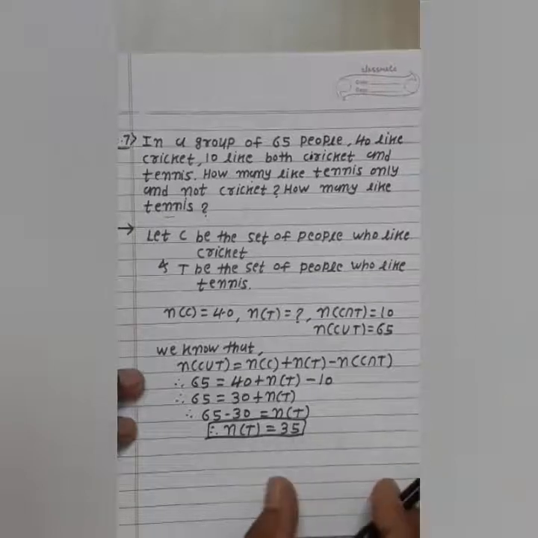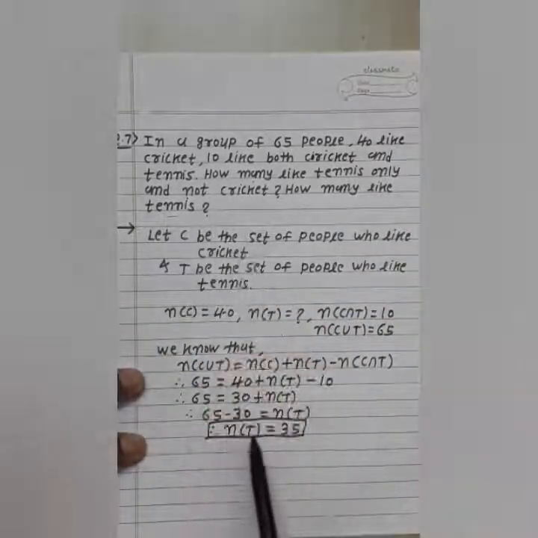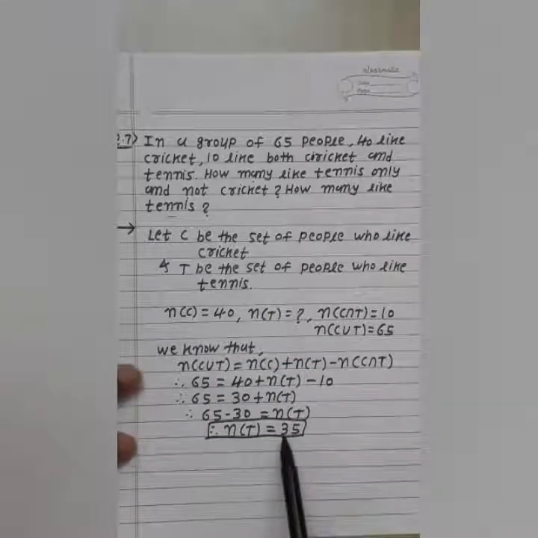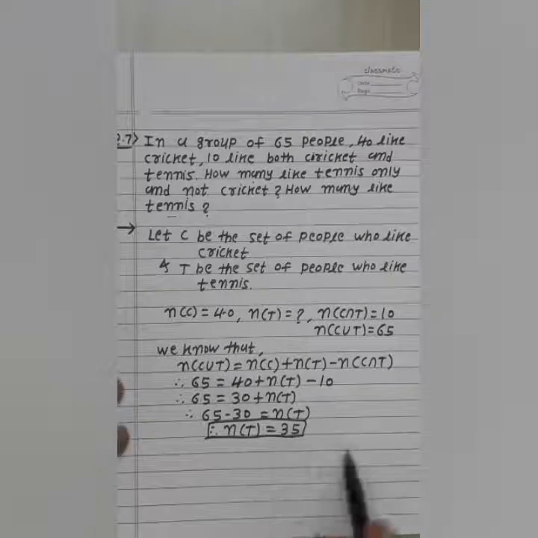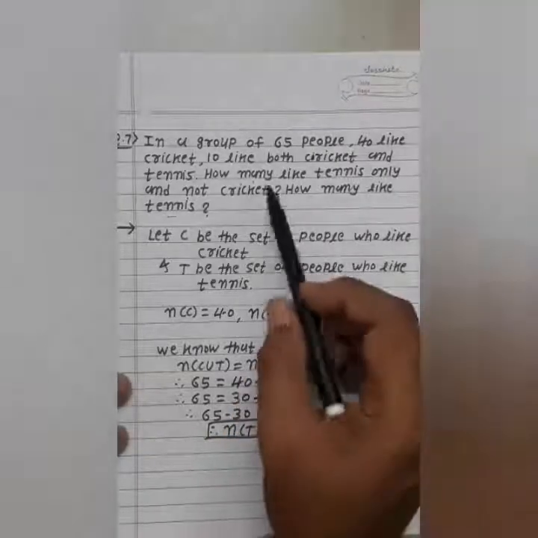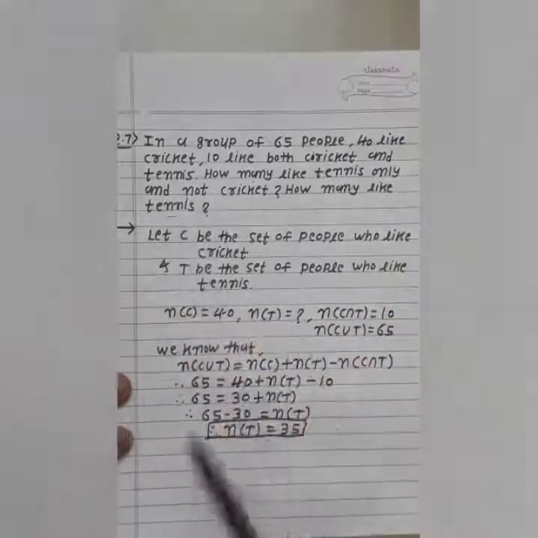So here one question is over. How many like tennis? We get n of T is equal to 35 people like tennis. Okay, now the second question is asked: how many like tennis only and not cricket?